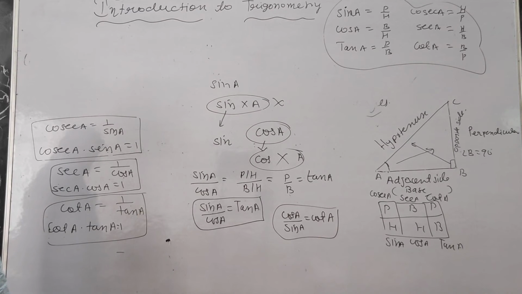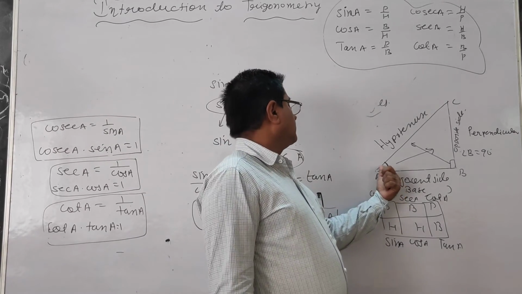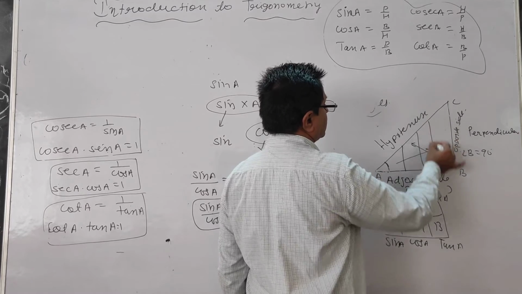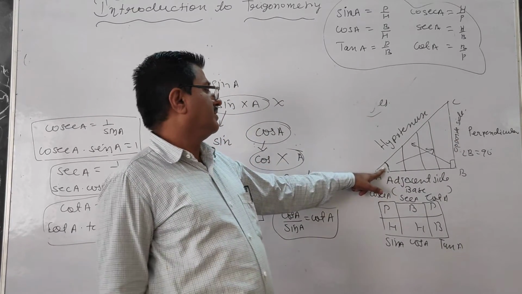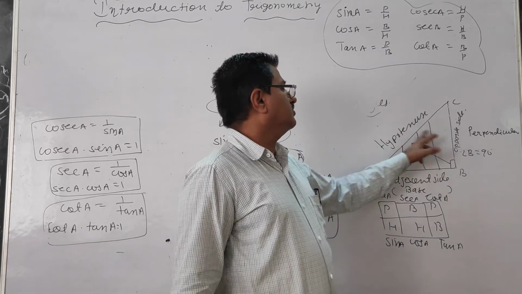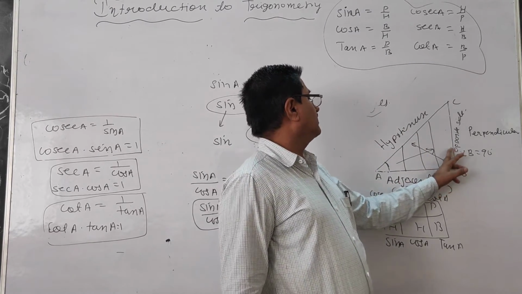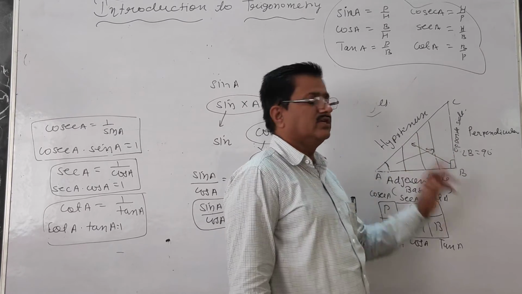Clear? With the help of these trigonometric ratios, we can solve different types of problems. Now a very important thing we can discuss here. If we increase the sides like in a different triangle, while the angle remains the same, then this ratio is constant, because as the length increases, the corresponding hypotenuse also increases.